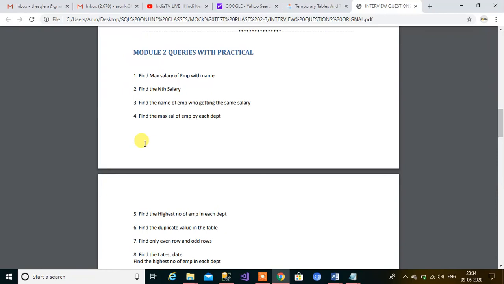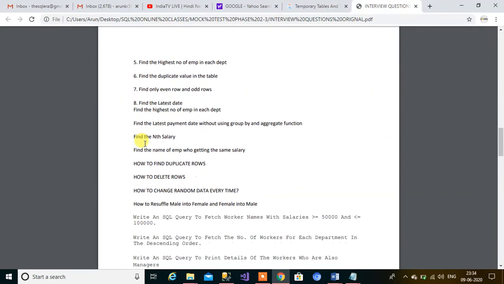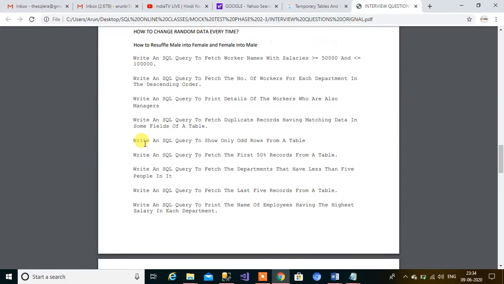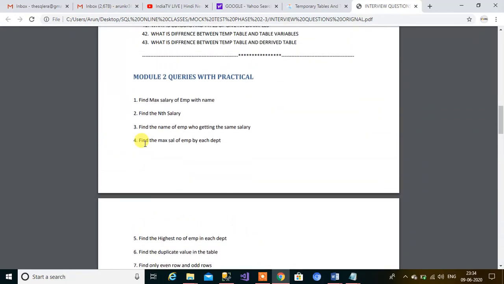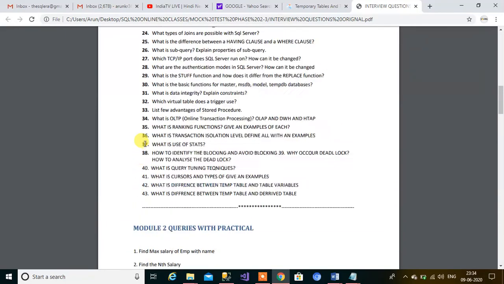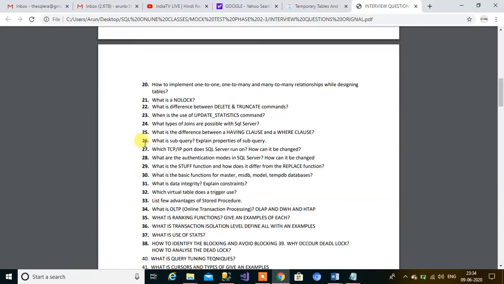But if you have 1 year of experience, some questions are different and tough, so don't worry about them. If you have the knowledge, you can do it, which is better for you. Module 1 and Module 2 are sufficient for more than 1 year of experience.